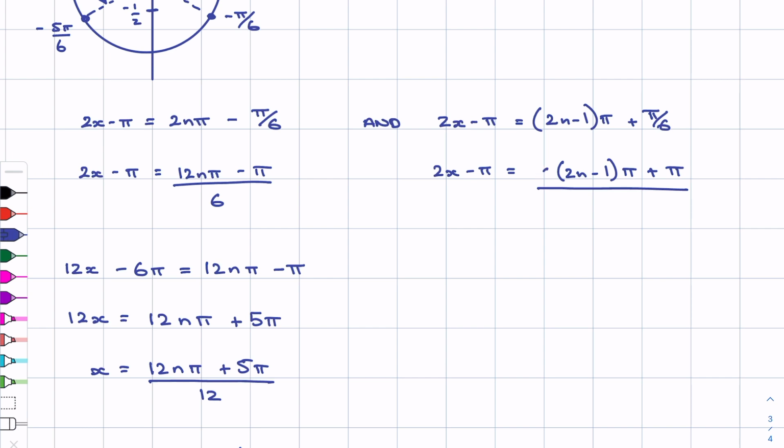Let's put 6 here, 6 on 6. And really what I'm looking to do is expand this out. So this is going to be 12n minus 6 on pi plus pi all on 6.